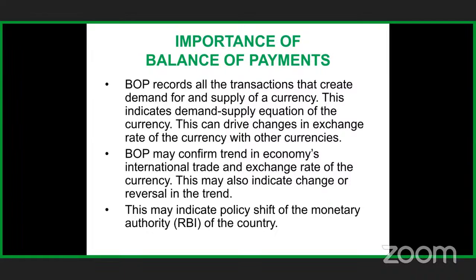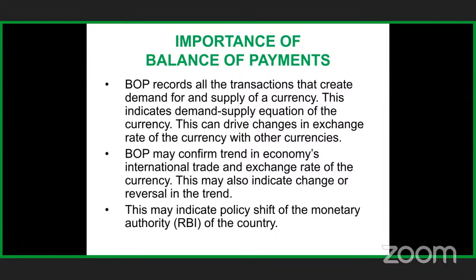The balance of payments indicates surplus where a country's exports are more than its imports. It indicates deficit where a country's imports are more than exports. If the imports are more, there will be a deficit. If the exports are more, there will be a surplus in balance of payments.